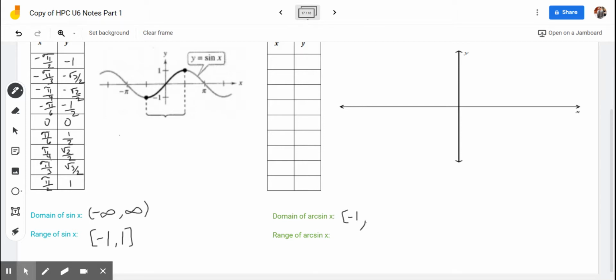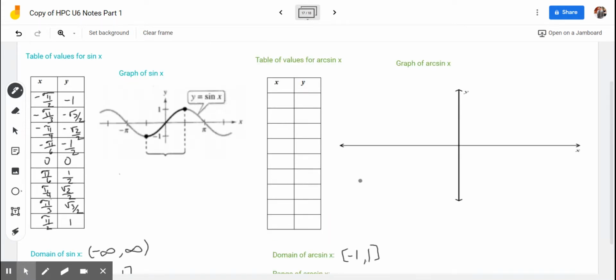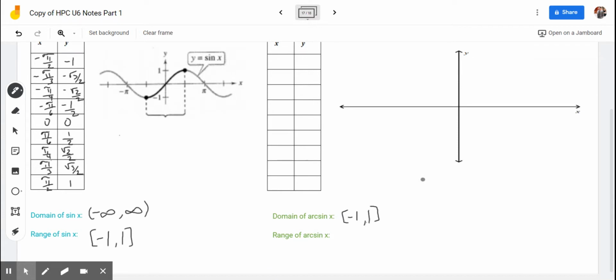Because we have to switch the inputs and outputs for our values here. Okay, and we know that our value for -1 for sine occurs at -pi over 2.